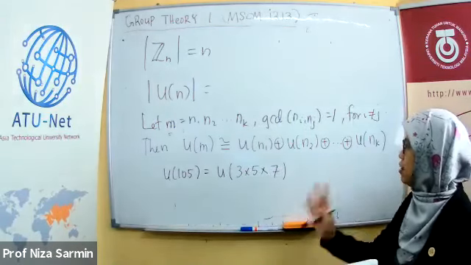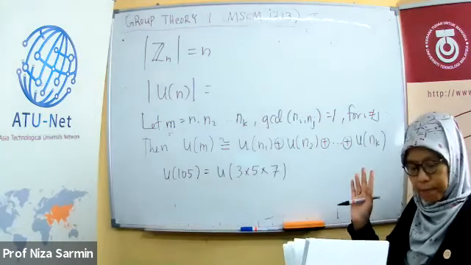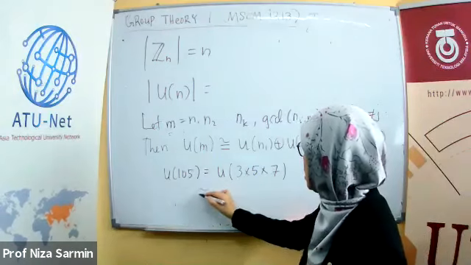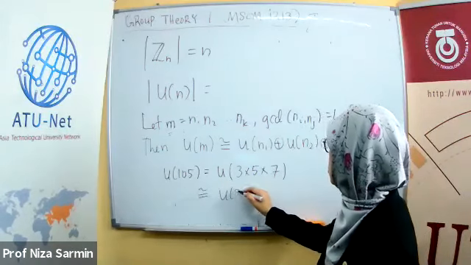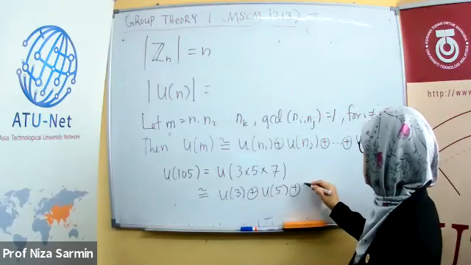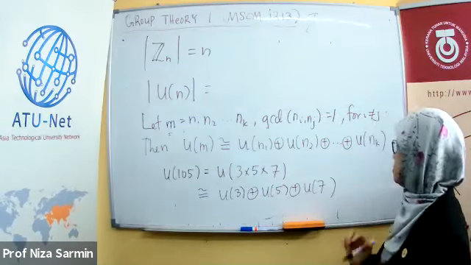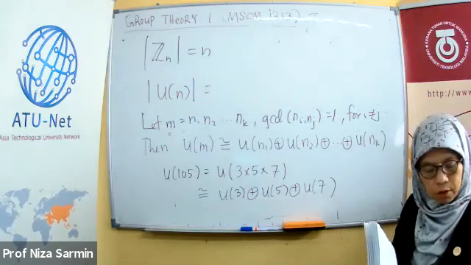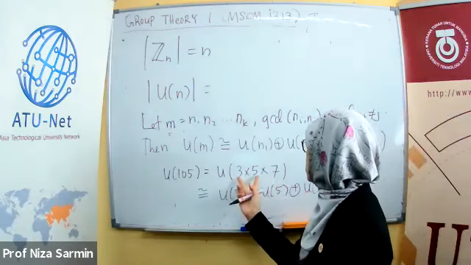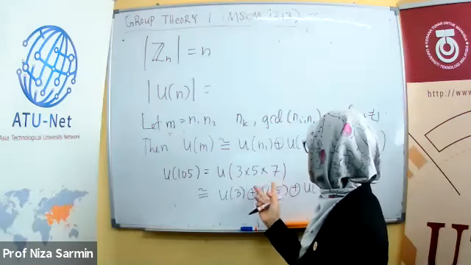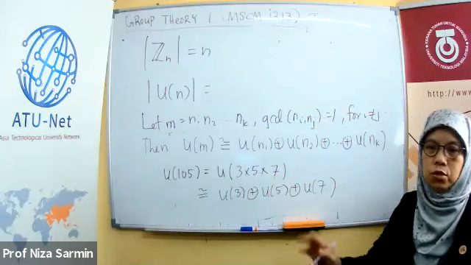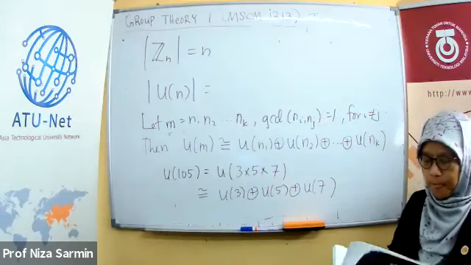So 3, 5, 7, they are all prime. So this is isomorphic to U3, U5, U7. Or you can take any of these, because they're all prime. So you can write like this.